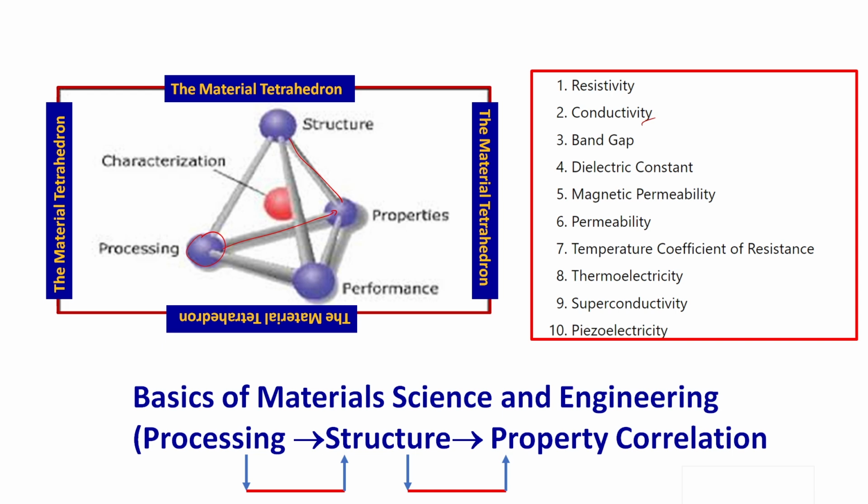So therefore we started discussing structures, then we deliberated on different kinds of properties. I can't discuss everything here because of time constraint. Finally we talked about processing. We are now discussing that.